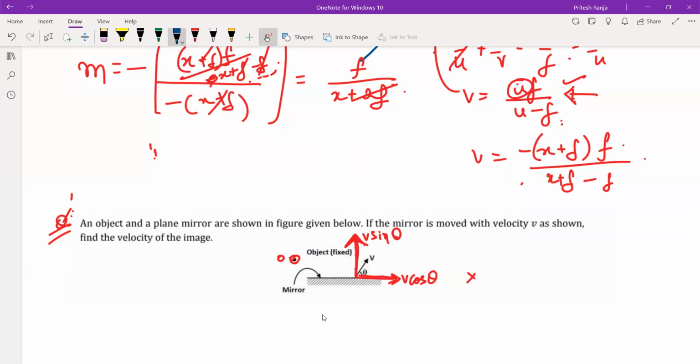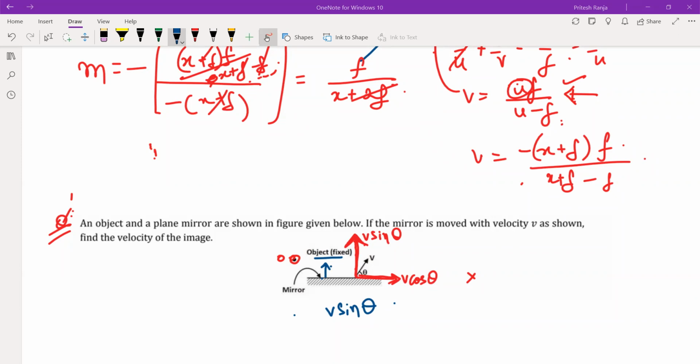So let us say anywhere image is formed. So if the mirror is approaching the object with speed v sine theta, what will be the total or the net speed that we will get for the speed of image in this case?